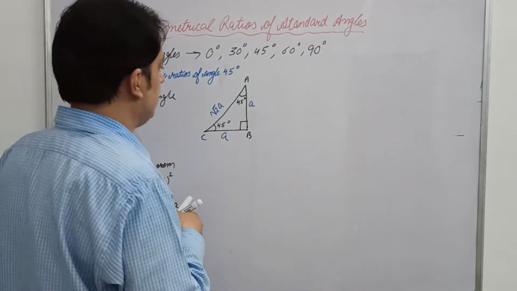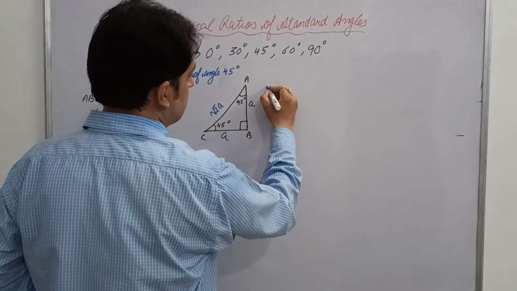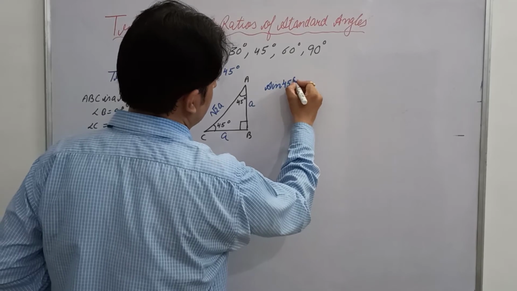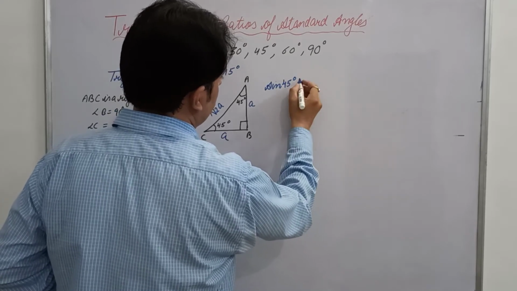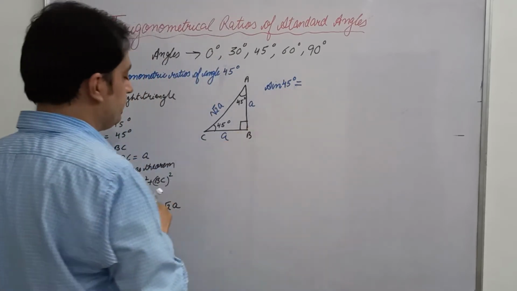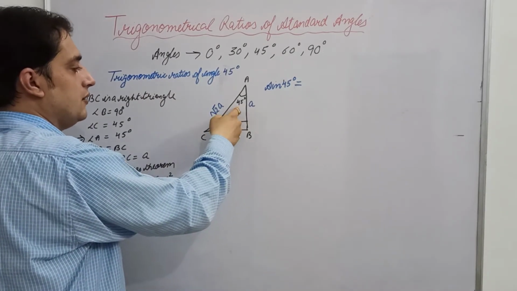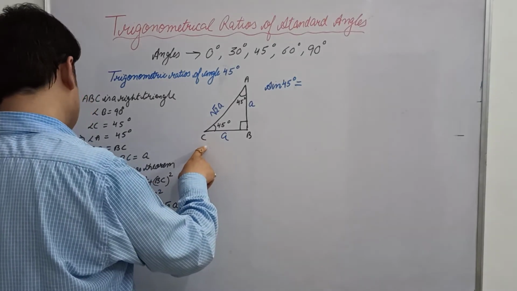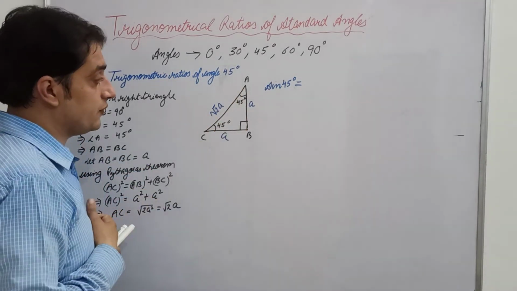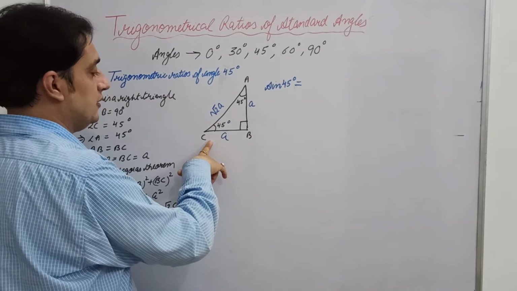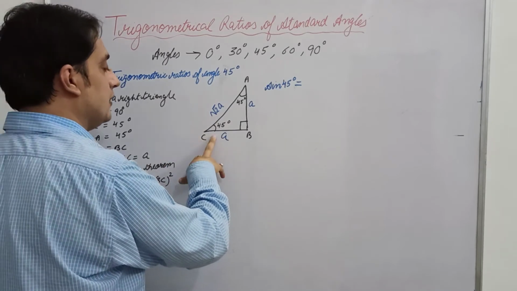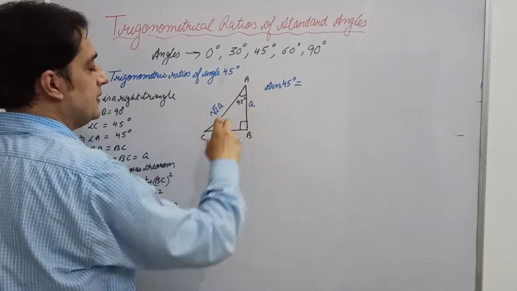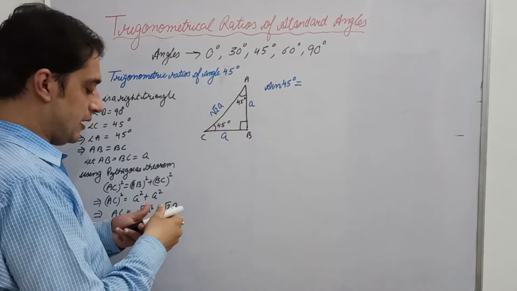So for 45 degree, start with the first ratio, that is sine of an angle, sine 45 degree. You can take either of these angles as 45, since both angles are equal. Here I am taking the angle C. For this angle C, the side AB is the opposite side, that is the perpendicular.